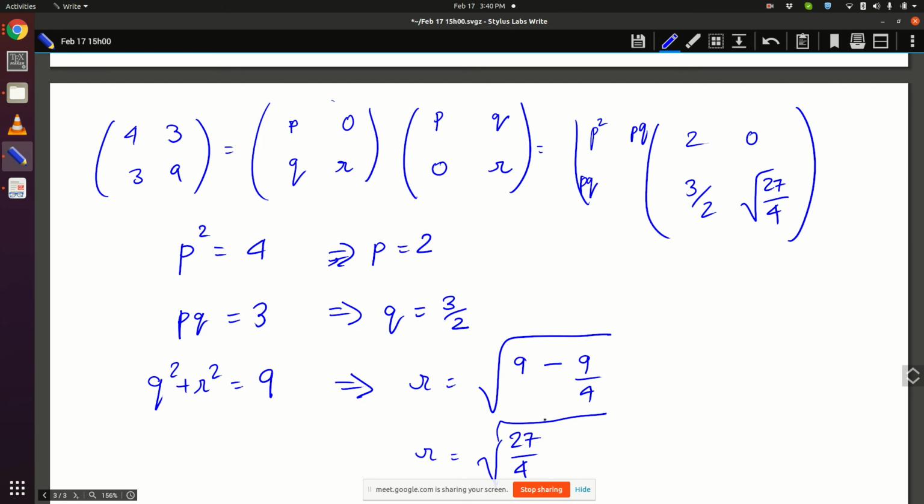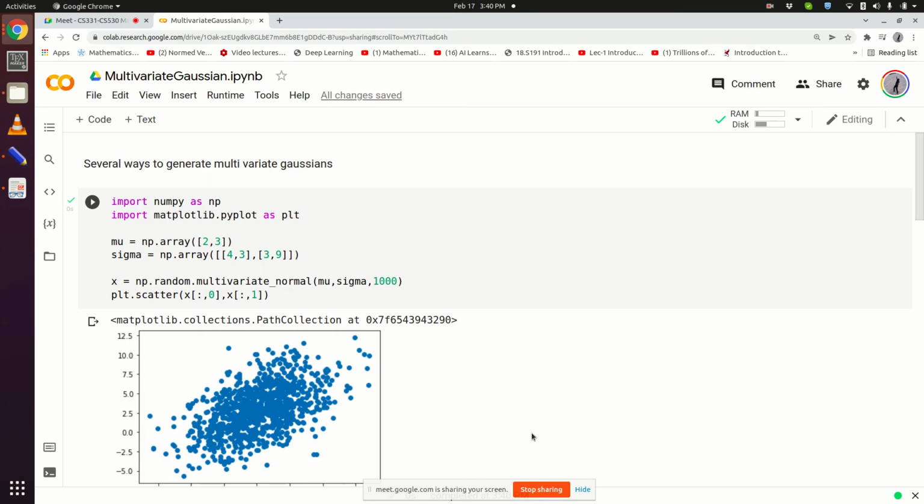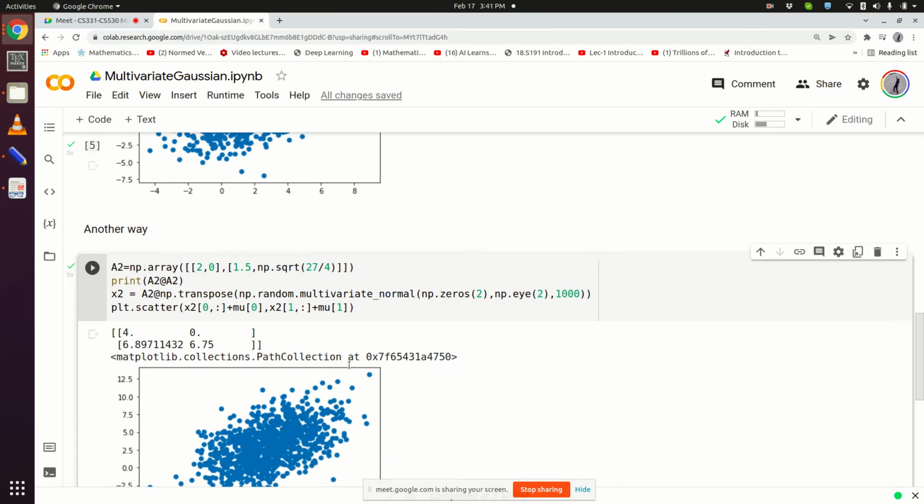While checking, you multiplied A into A only, right? It should have been A times A transpose. Yes. Very good.